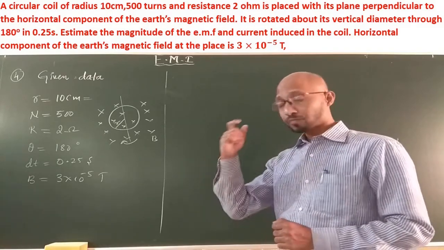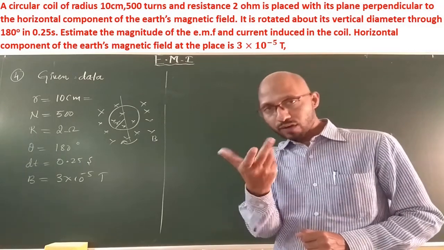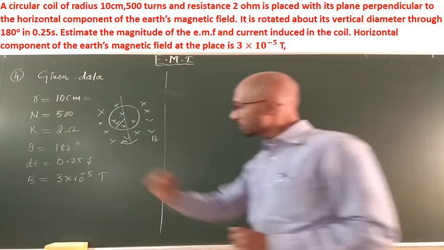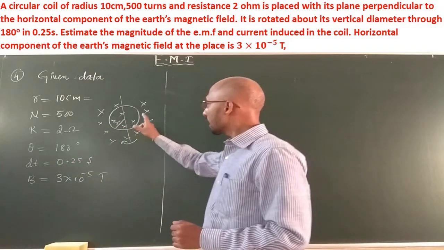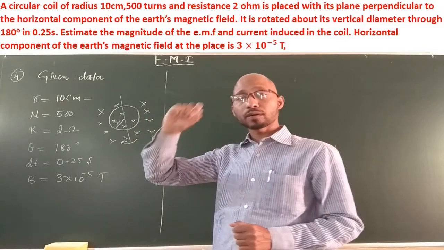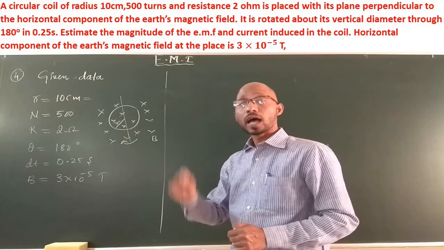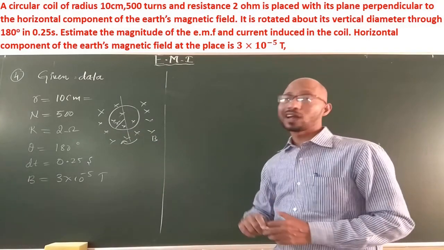If I rotate this coil 180 degree along the vertical diameter, the rotation time taken is 0.25 second. What is the magnitude of induced EMF induced in the coil, and what is the amount of current developed in the coil?